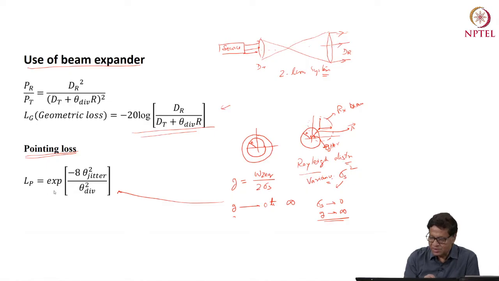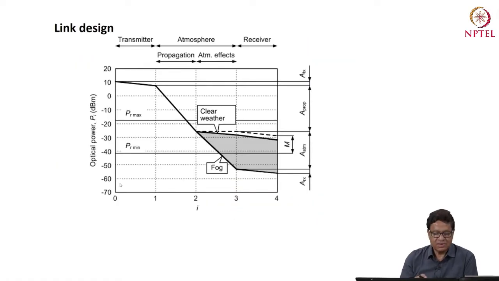So you can get some approximate value of pointing loss by using this expression, exponential of minus 8 theta jitter square divided by the divergence angle square. So this is how you can get the pointing loss.